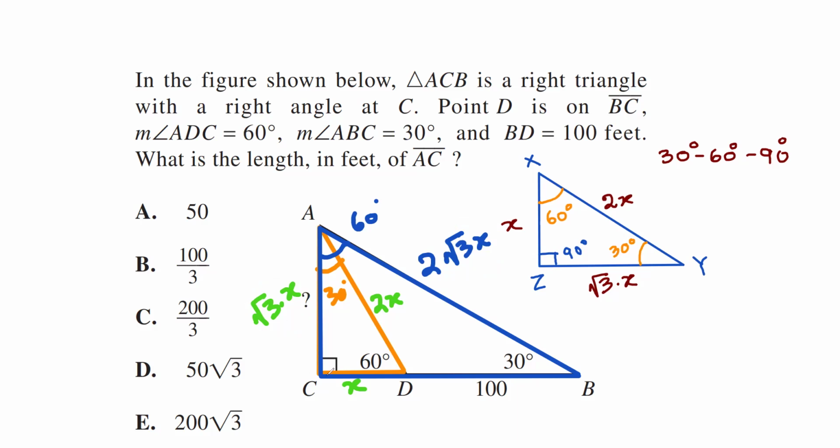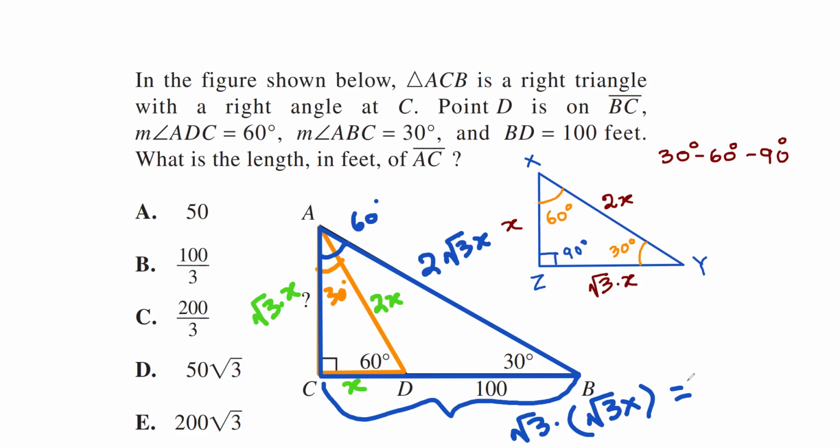And the adjacent side, the total length from this to this, is square root 3 times the length of the smallest side. You can see that from there. So what is square root 3 times square root 3 x? That's 3x, right?